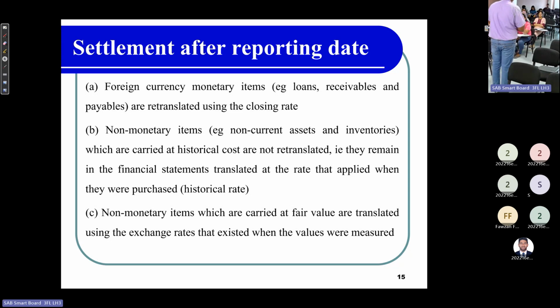What are those approaches? Historical cost basis and revaluation basis. When there is a revaluation going on, we need to take the fair value at that particular date. The change goes to OCI. The other standard applies.